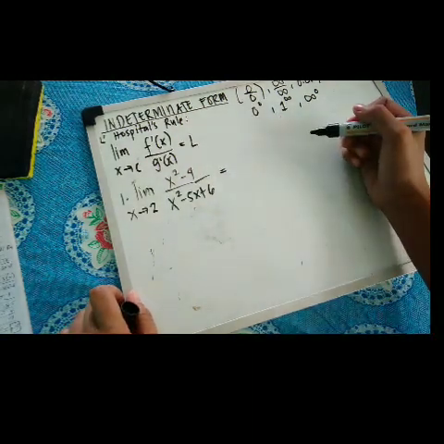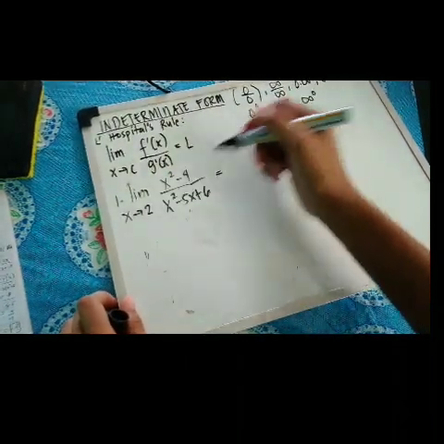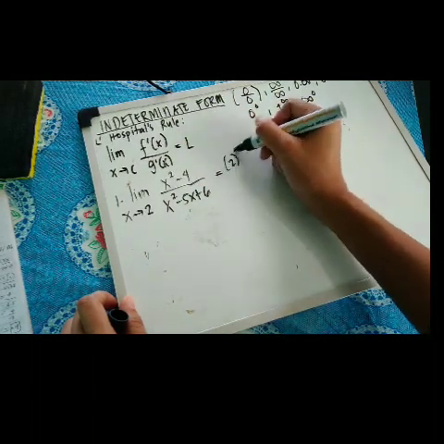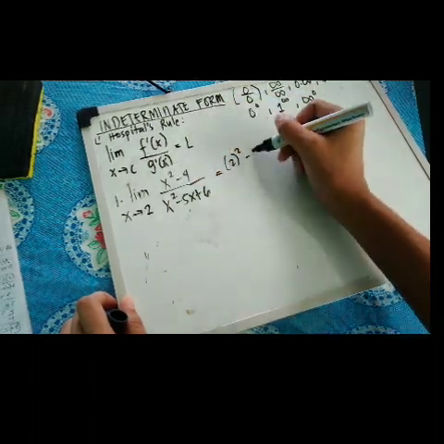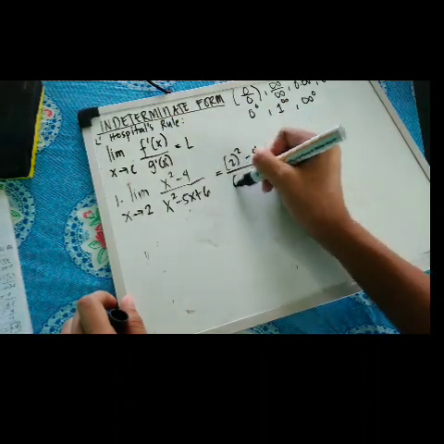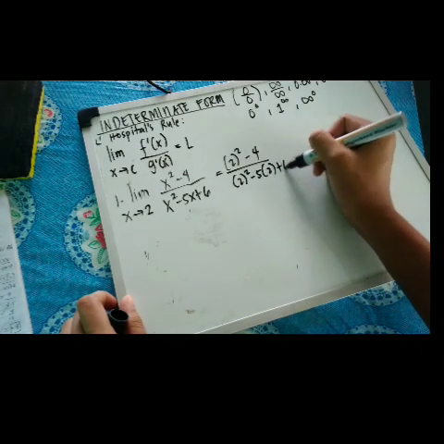First thing that we need to do is to substitute the value of x. So we have 2 squared minus 4, and 2 squared minus 5 times 2 plus 6.